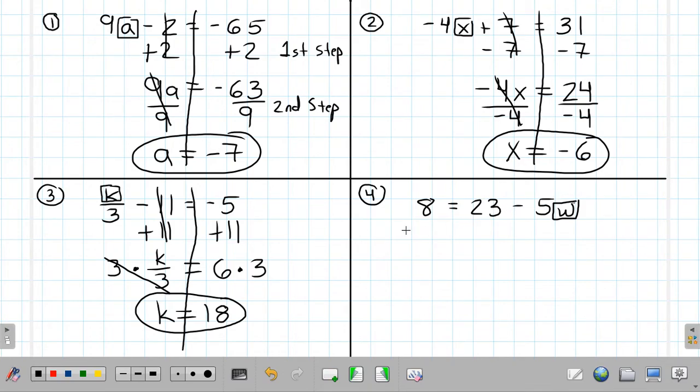My suggestion is, first, I'm going to rewrite this so everybody can see that you can flip things around if you need to. All I did was flip the sides here, so my variable will be on my left-hand side.